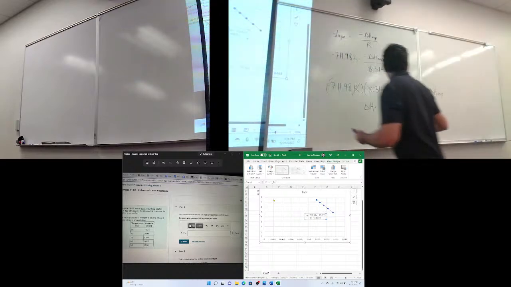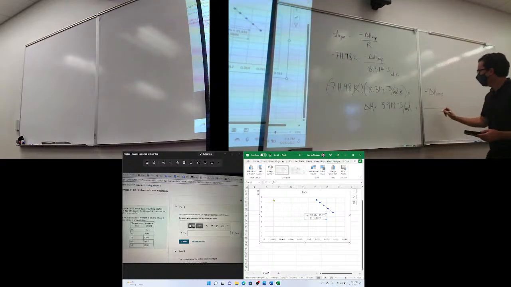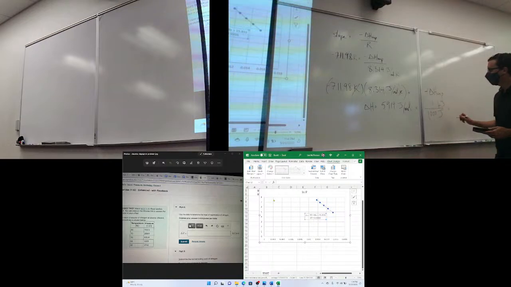So quick conversion. We're going to multiply by something that cancels joules and gives us kilojoules. 1 kilojoule is 1,000 joules. So we end up with 5.9 kilojoules per mole.